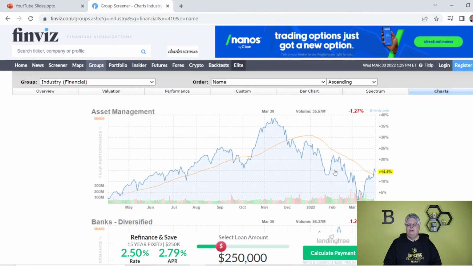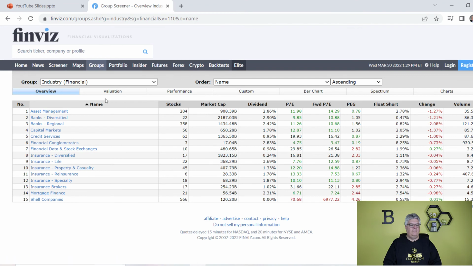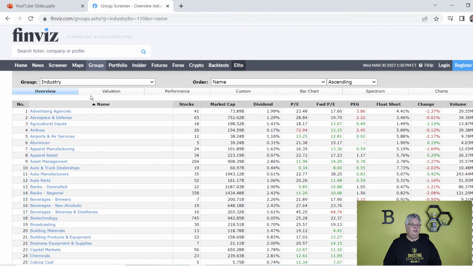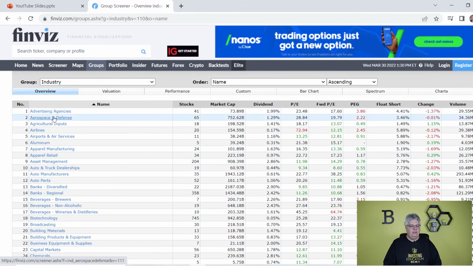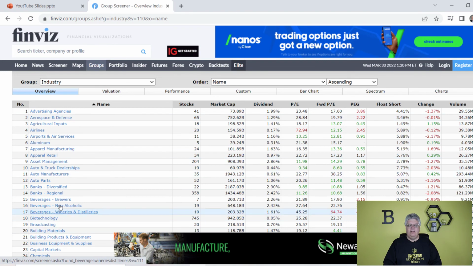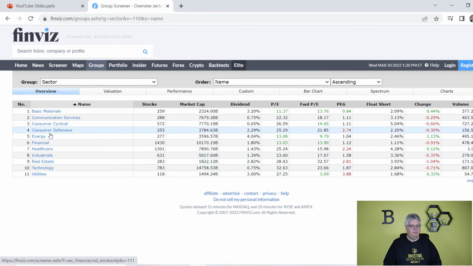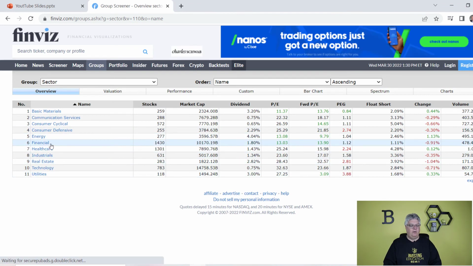So this is all sorts of information you can get, at an industry level, like these are all the different industries, or at individual industries or broad industries, all in one list here. You can start searching through, or you can certainly look at overall sectors, like financials, for example, or healthcare.